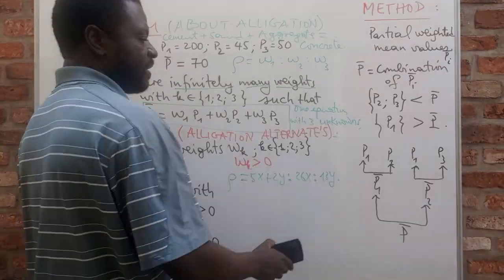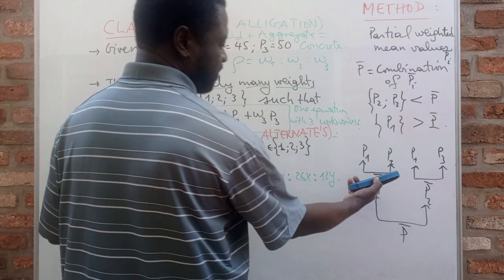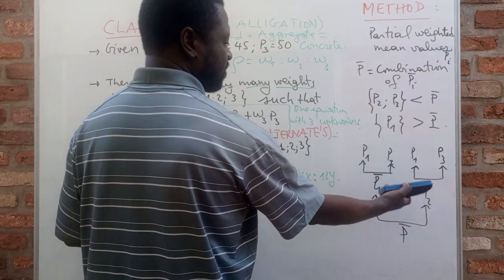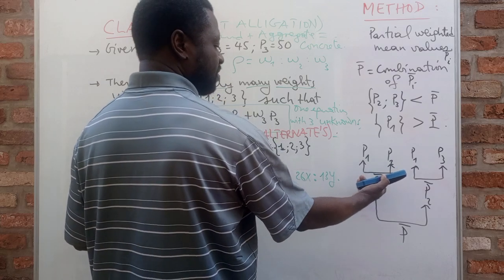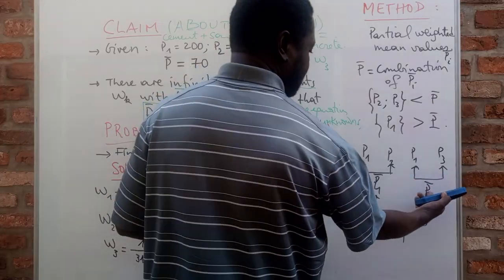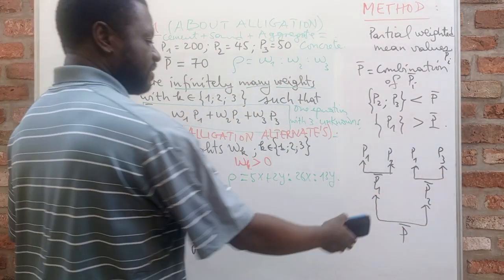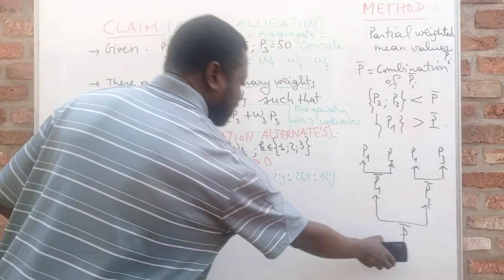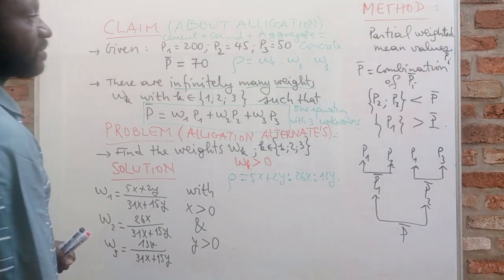And then we determine some coefficients. Of course we will have one equation with one parameter, for example parameter x, and here one equation with parameter y. And then the combination of these two will give a mean value with the two parameters.